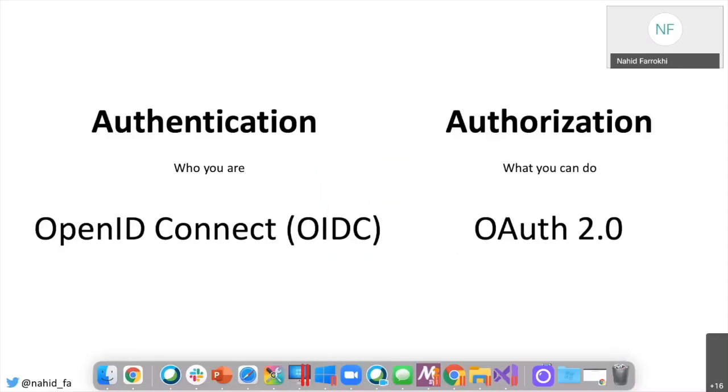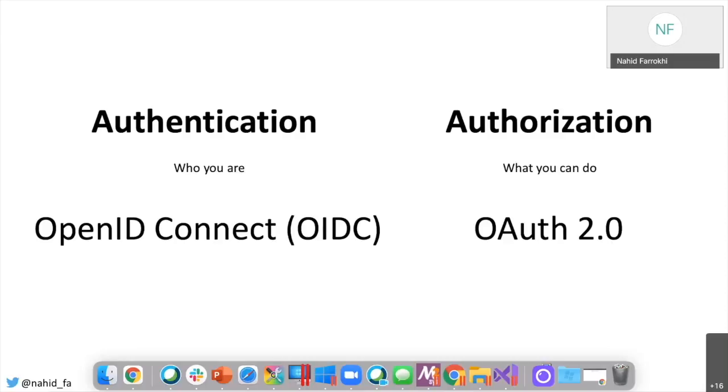Actually, this is the first slide that I wanted you to see on my screen. As I was saying, authentication and authorization are two of the main problems. When it comes to authentication, the application wants to know who the user is, to verify that the user is who they say they are.